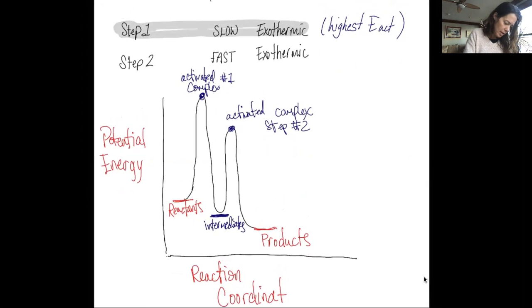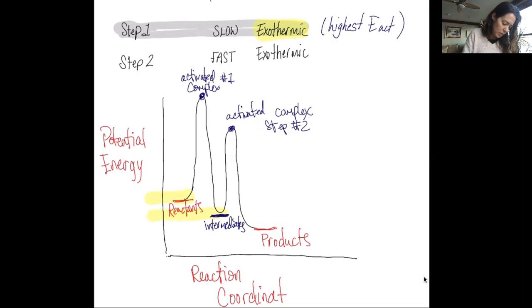Also notice that we were told that the first step is exothermic, and we see that represented in our graph because here's the energy of the reactants in the first step, and the energy of the products in the first step is less. So we see that energy has been lost, which is an exothermic reaction.